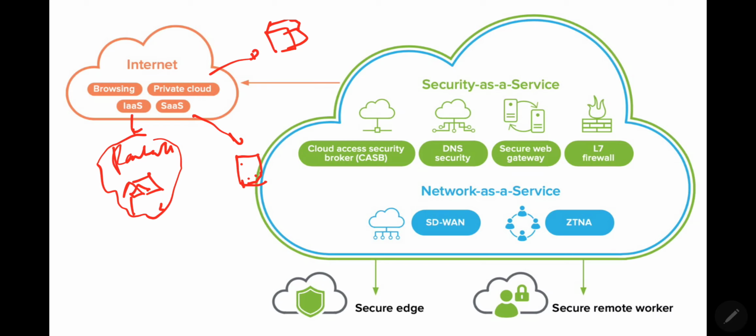Okay, I hope you understand the differences between private cloud, IaaS, and SaaS. Whereas browsing means you can browse from any application, for example, Chrome, Firefox, Safari, and so on. Okay, all of these components are in the internet.